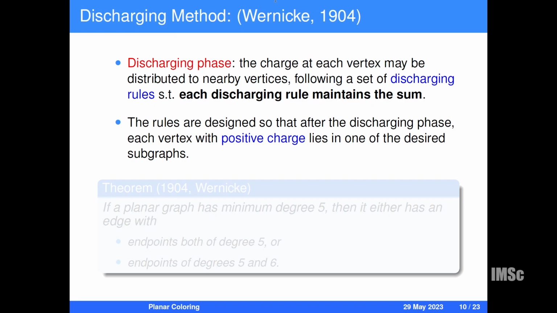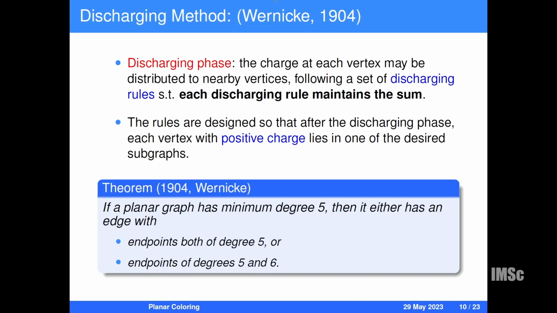So, on a high level, this is the technique. There is a theorem from 1904 which is proved by this discharging technique. It states that if a planar graph has minimum degree 5, then it either contains an edge where both endpoints have degree 5, or one endpoint has degree 5 and the other endpoint has degree 6.